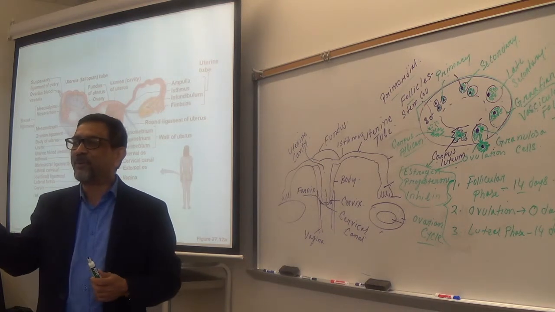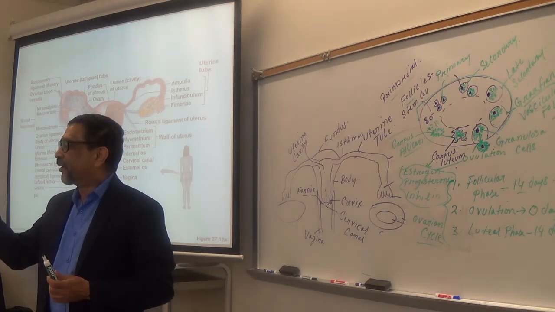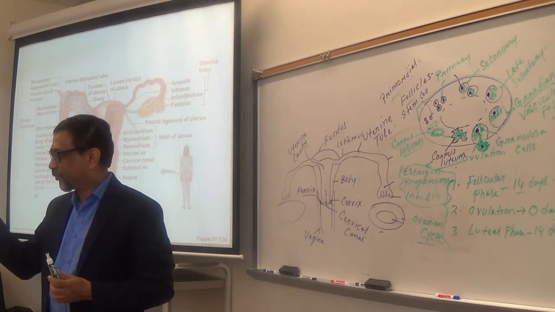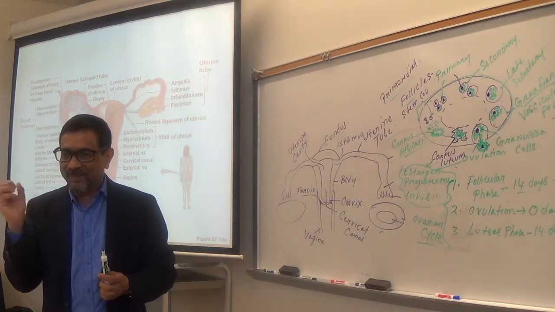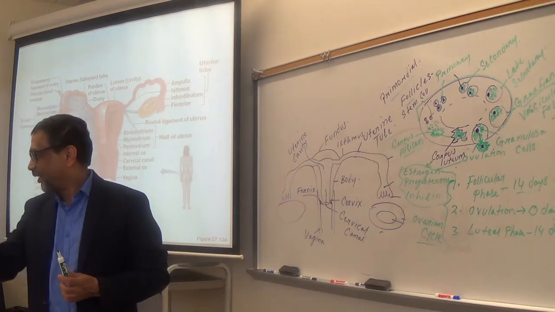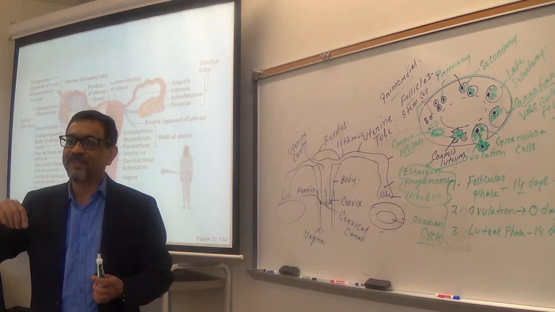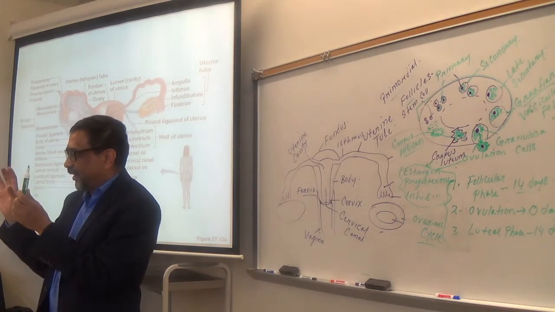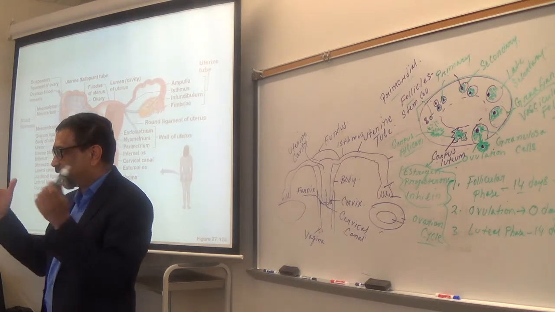It's like, Graafian follicle is like a ripe fruit. Very soft, right? When it ruptures, the seed comes out, right? So very similar. Graafian follicle is very soft and ready to get ruptured, burst, right?